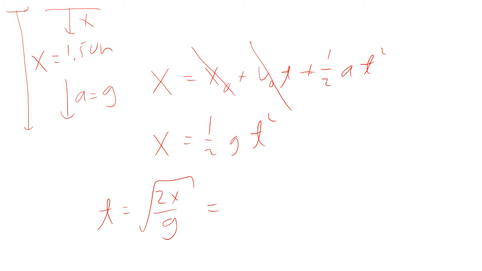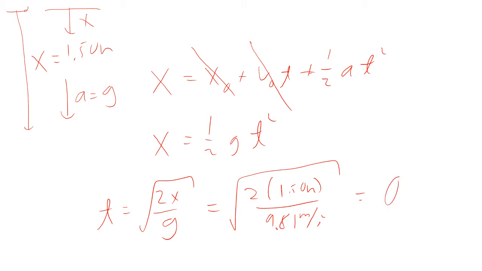That'll be the square root of 2 times 1.5 meters divided by 9.81 meters per second squared. That comes out to be 0.533 seconds.